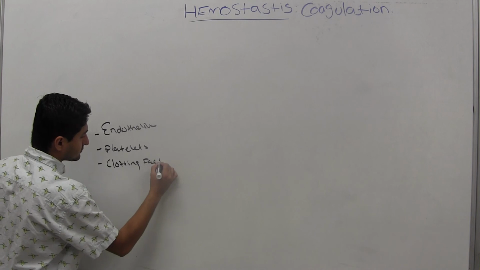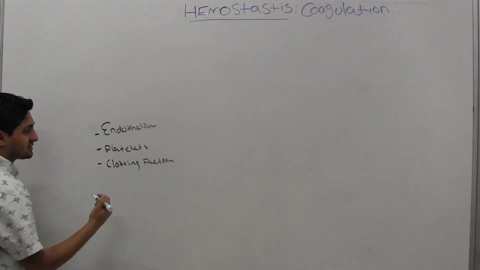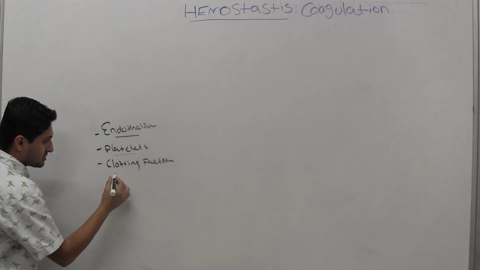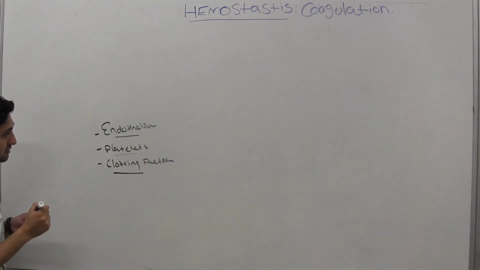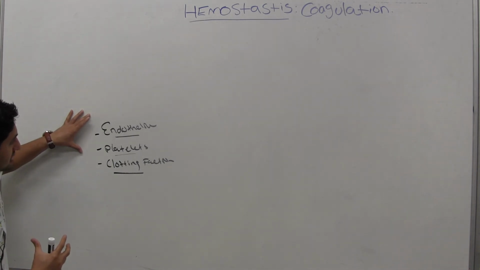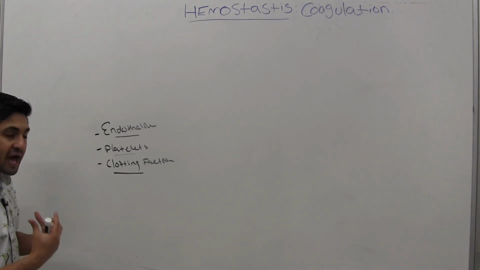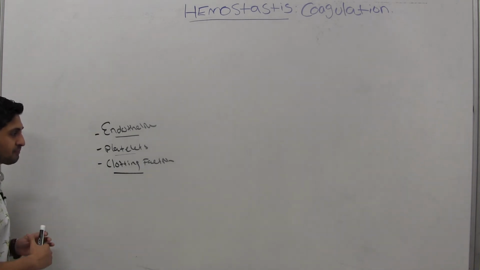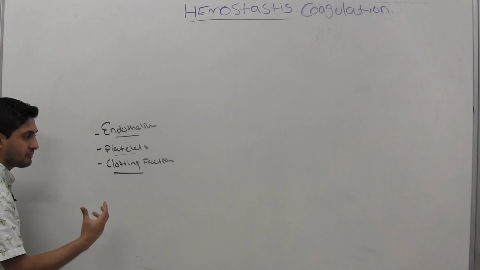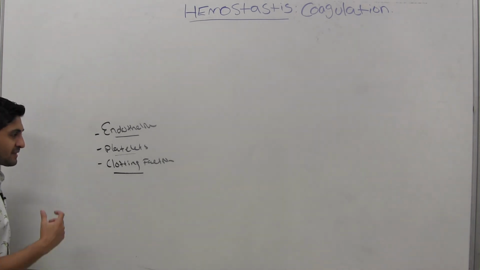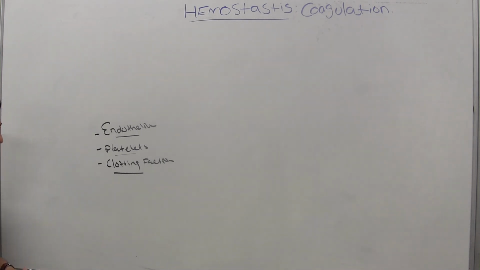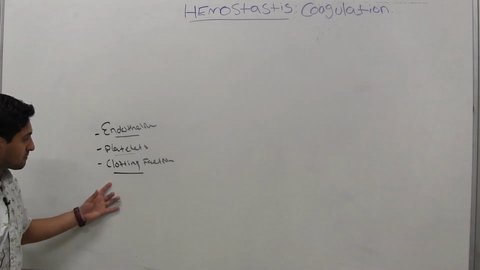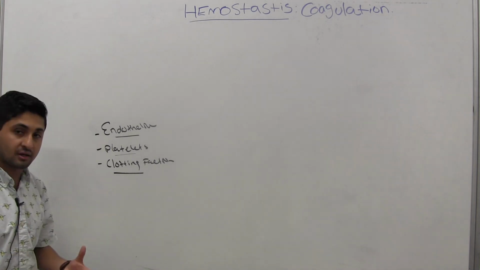So the process requires endothelium, platelets, and clotting factors. They come, and with certain steps of reactions, they play an important role in forming this fibrin clot, the deposition of insoluble fibrin molecules in order to prevent blood loss.